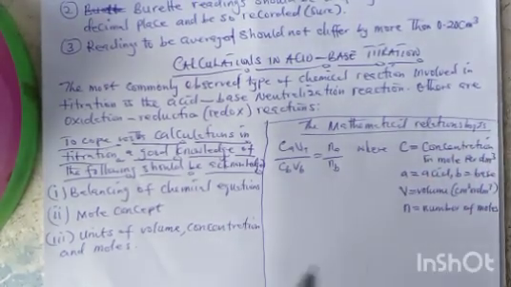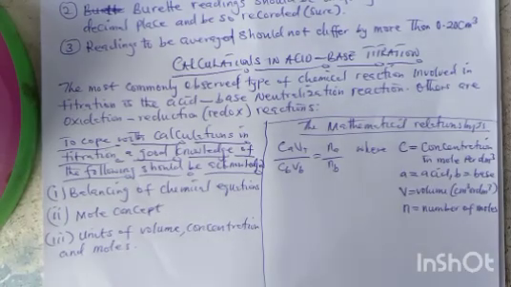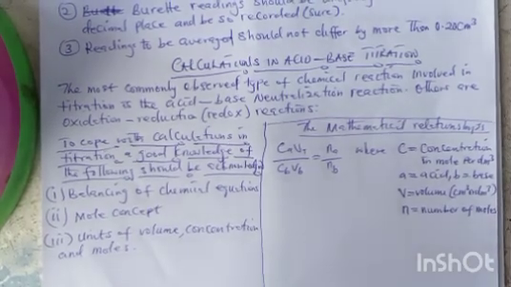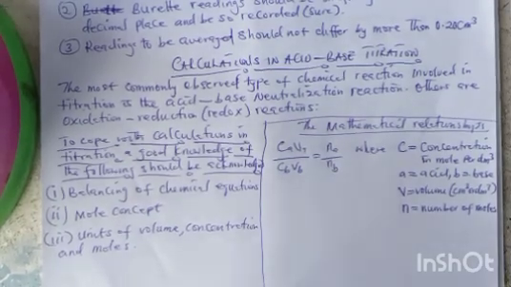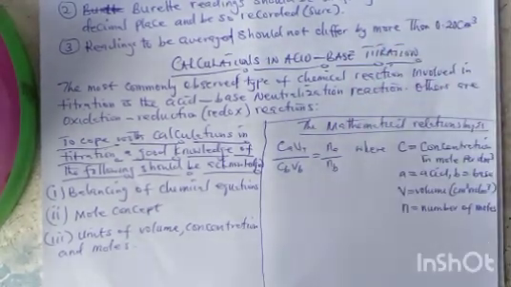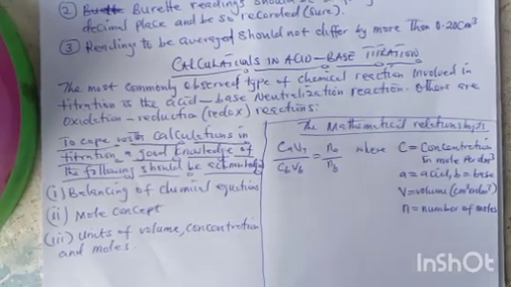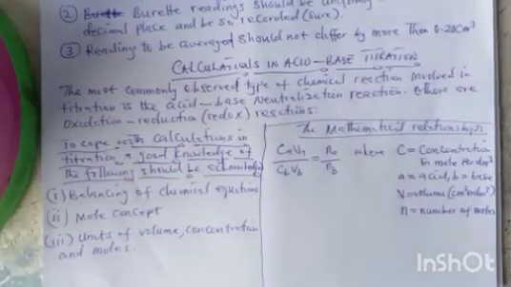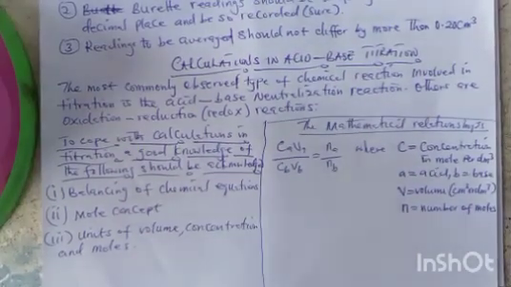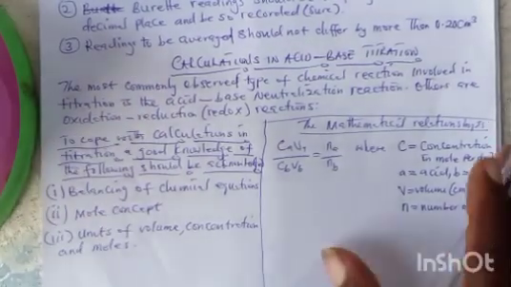Other forms of titration are the oxidation and reduction reactions, the redox reaction, where you have something like potassium permanganate involved, reacting with some ions.